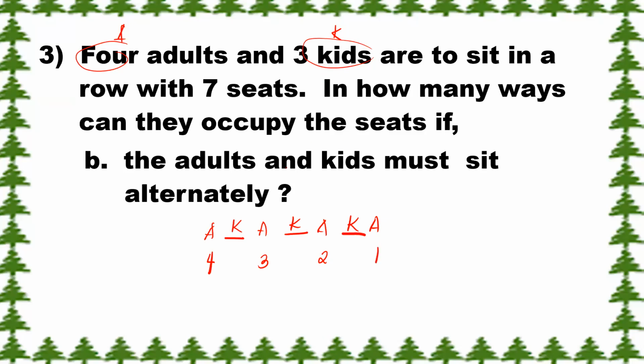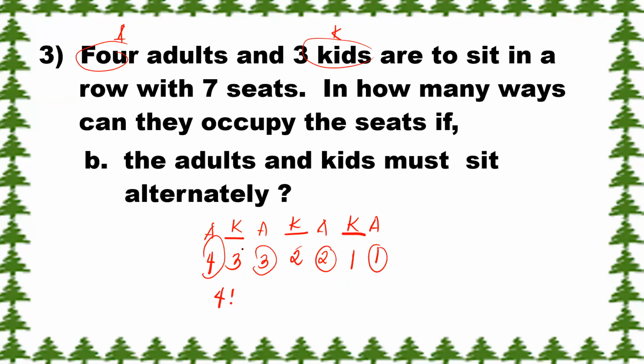How about for the kids? Here we have 3 choices. Here we have 2 choices. And here we have 1 choice. If you notice, 4 times 3 times 2 times 1 is actually 4 factorial.